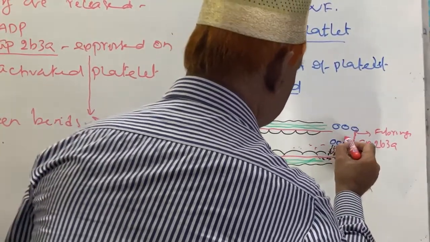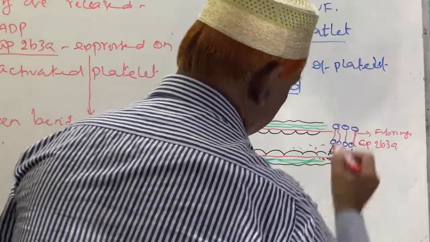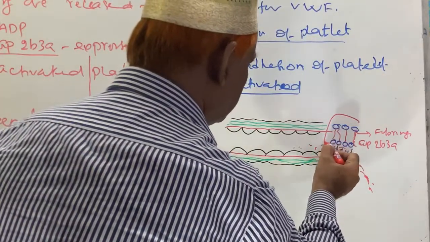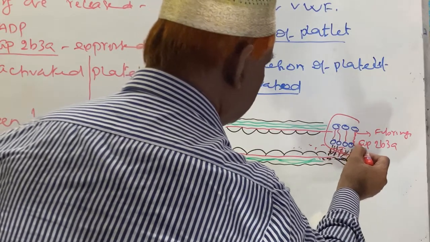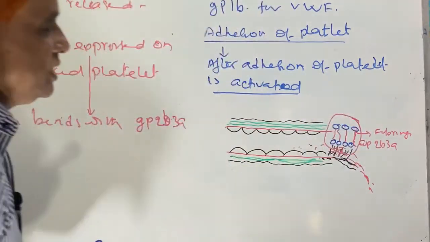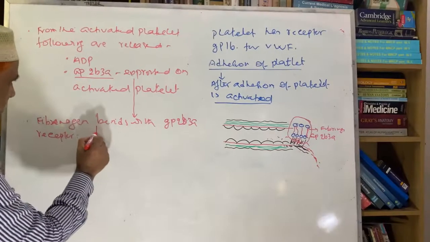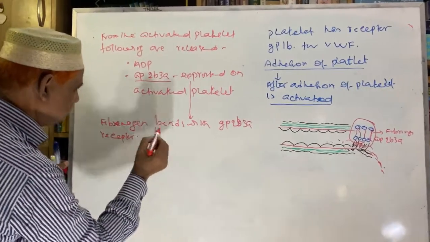These are the fibrinogen, other platelets. As there is cross-linkage between the other platelets and the activated platelet, there is aggregation of platelets.